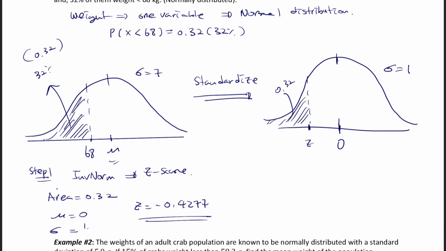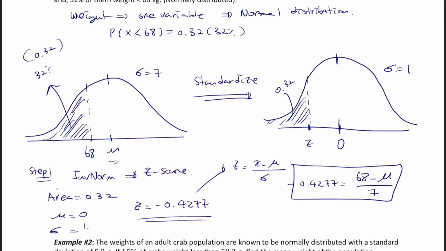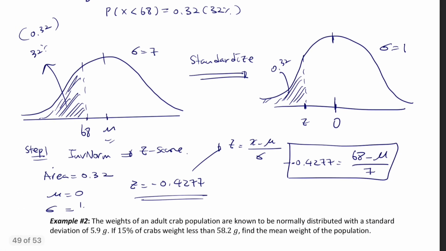Once you have this value, you use your algebraic expression z equals x minus mean divided by standard deviation. We know that z is negative 0.4277, and x from the question is 68. The mean is the value that we are not sure of, but we know the standard deviation is 7. Once you have this equation, you solve for the mean value.